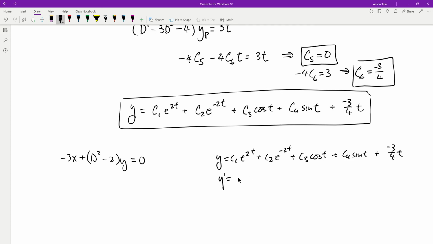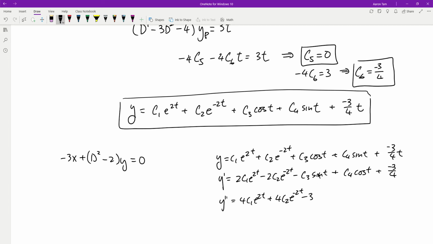So y prime would be 2c1 e to 2t minus 2c2 e to negative 2t minus c3 sine t plus c4 cosine t plus negative 3 over 4. And then y double prime would be 4c1 e to 2t plus 4c2 e to negative 2t minus c3 cosine t minus c4 sine t plus 0.